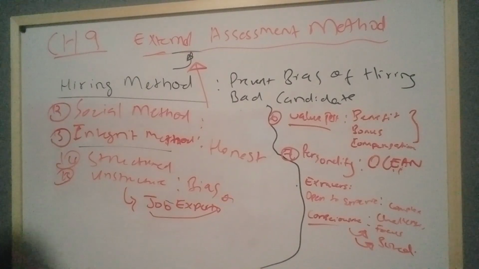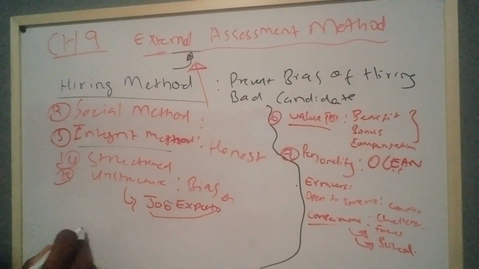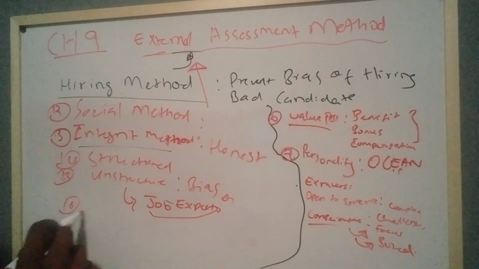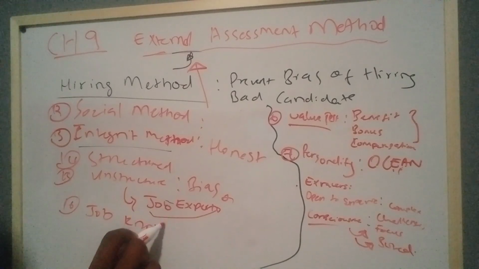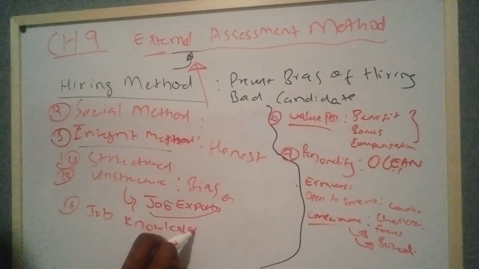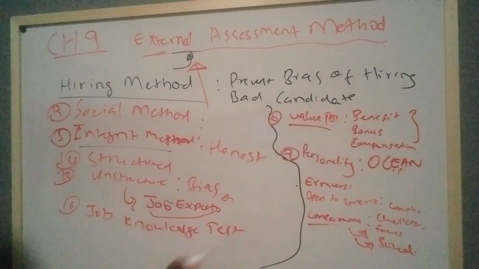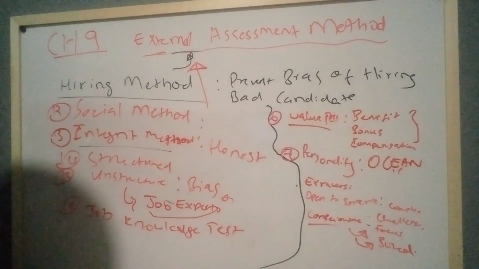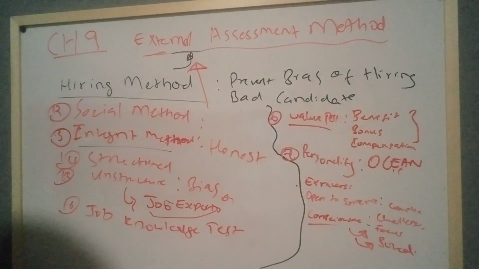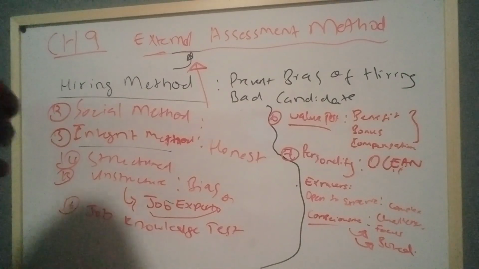And then we have the job knowledge test. Job knowledge test, they are checking you in order to see how much knowledge you have about the job you have applied for in the organization.